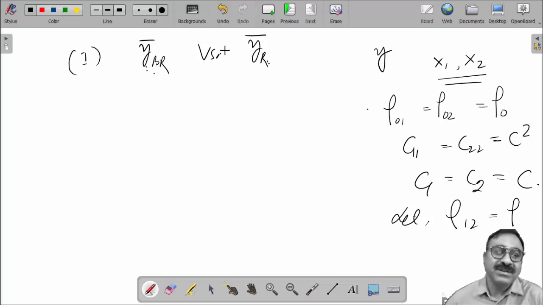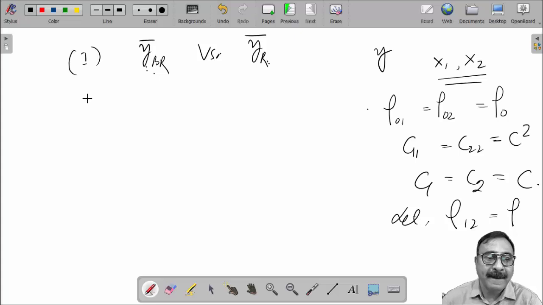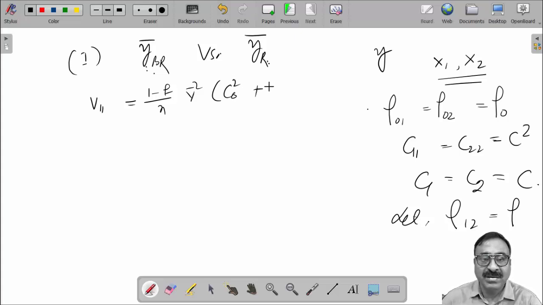So under these assumptions we have V11 equal to 1 minus f by n Y bar square times C0 square plus C1 square minus 2 rho 01 C0 C1.